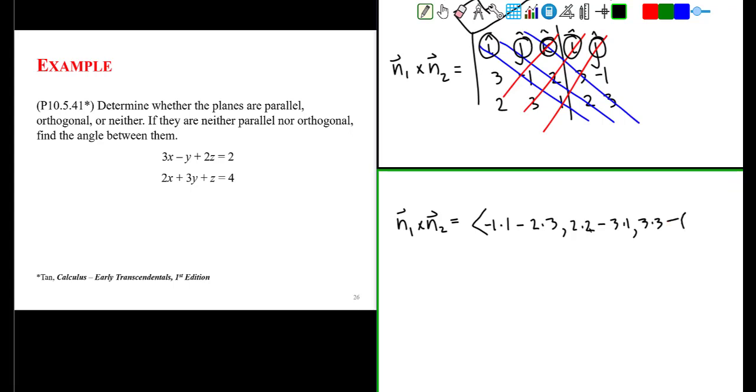So that is minus a minus 1 times 2 for the z component. This becomes now the cross product between those two normal vectors is equal to minus 1 minus 6 for the x component, 4 minus 3 for the y component, 9 plus 2 for the z component.